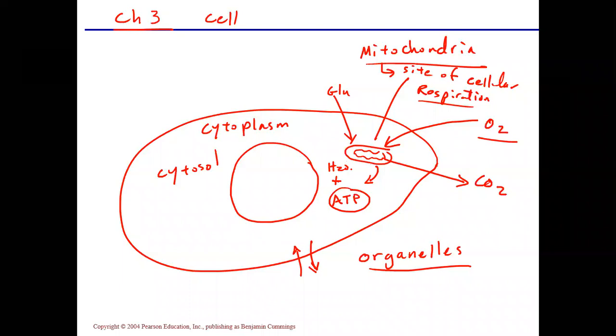Now, if we take a look at the mitochondria itself, they have a circular DNA and they have ribosomes. Ribosomes are involved in protein synthesis, and mitochondria can give rise to more mitochondria.